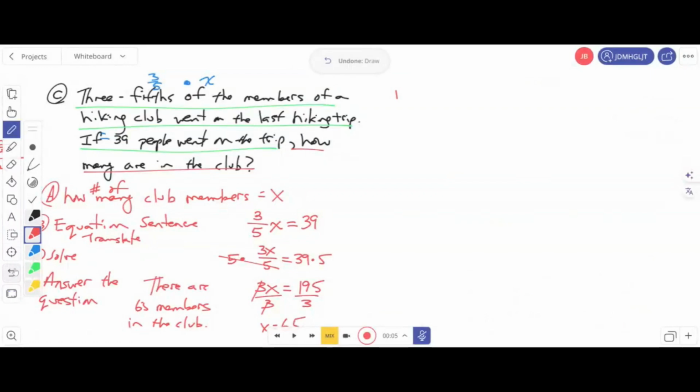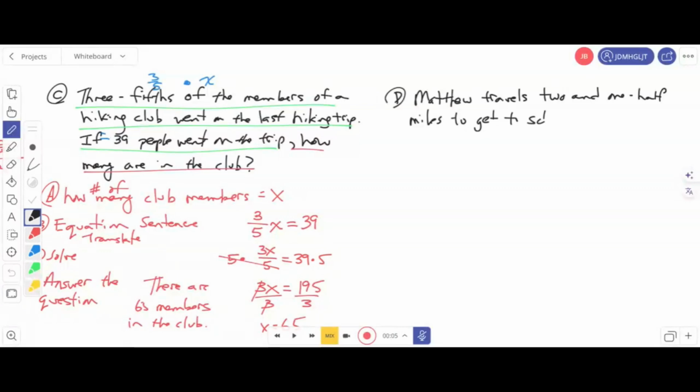All right, let's look at D. D says Matthew travels two and 1/2 miles, probably uphill in the snow both ways.